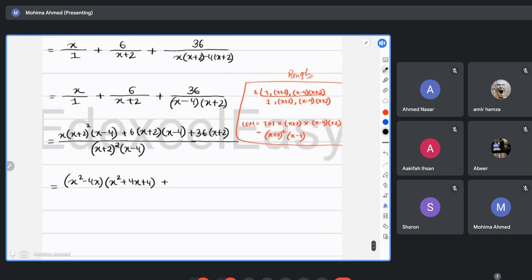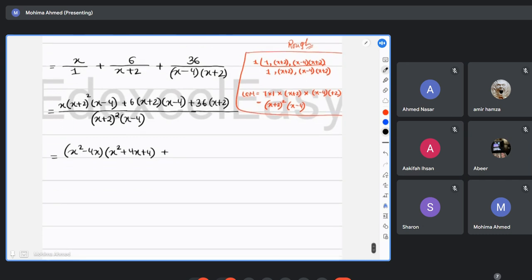This will be x square minus 4x plus 2x, that's going to be minus 2x minus 8. So x square minus 2x minus 8. This was multiplied with 6. And then again we have 36x plus 72 divided by x plus 2 whole square and then x minus 4.